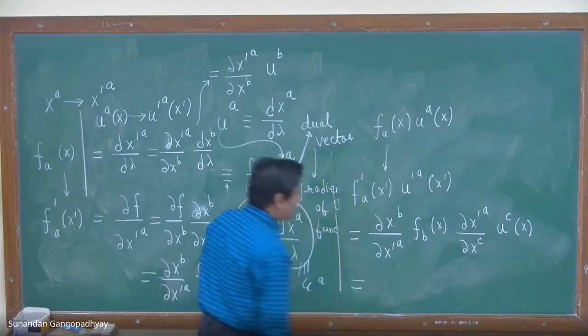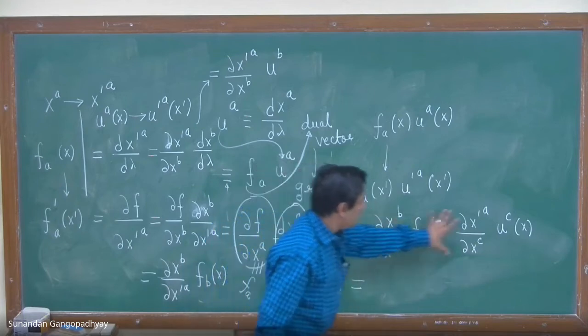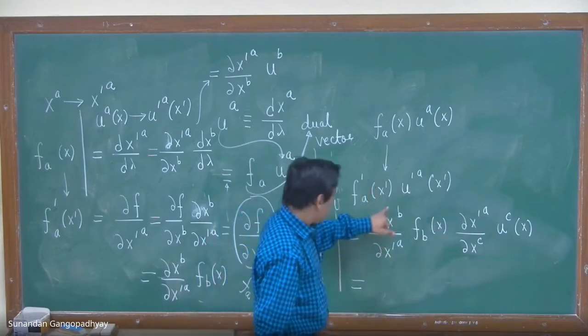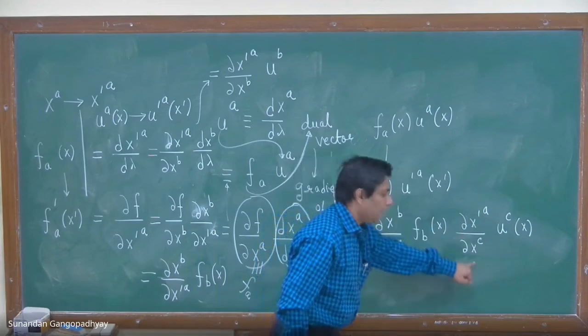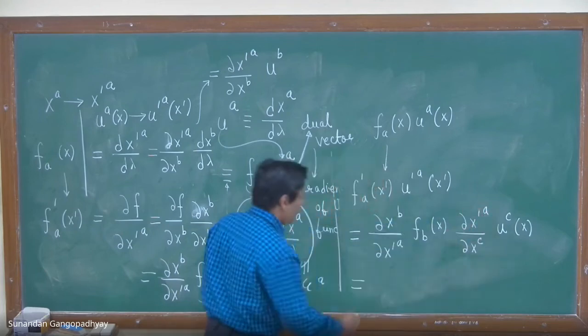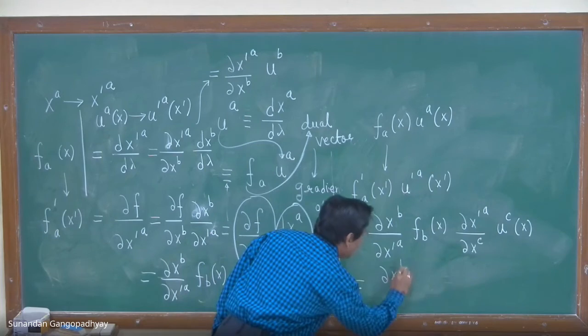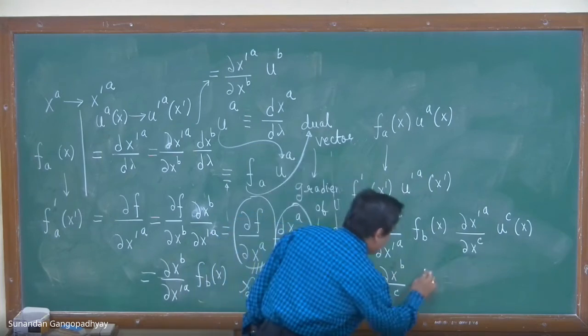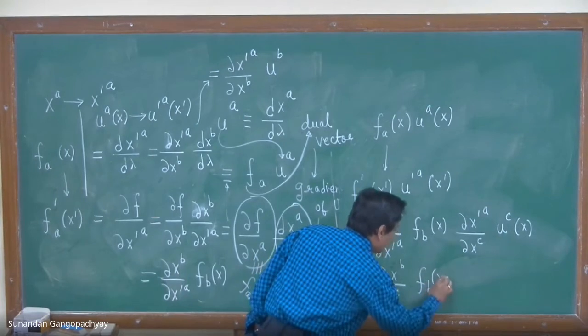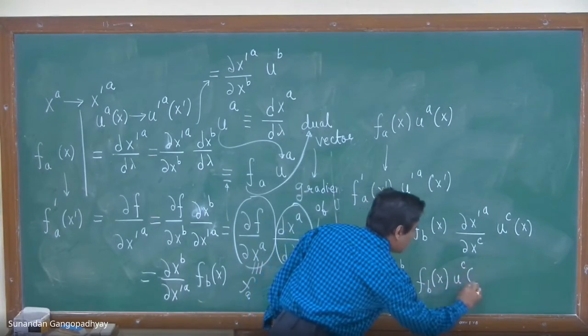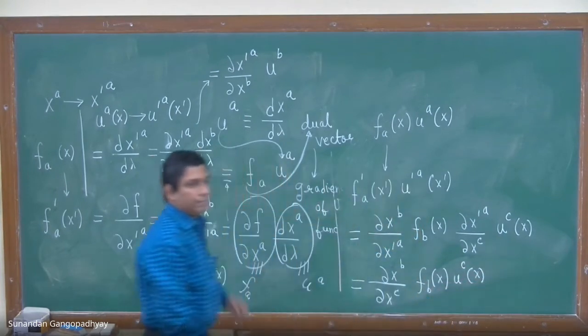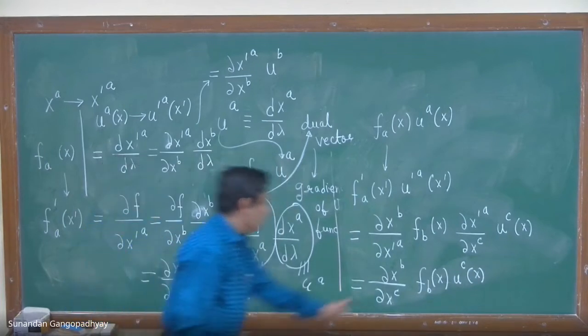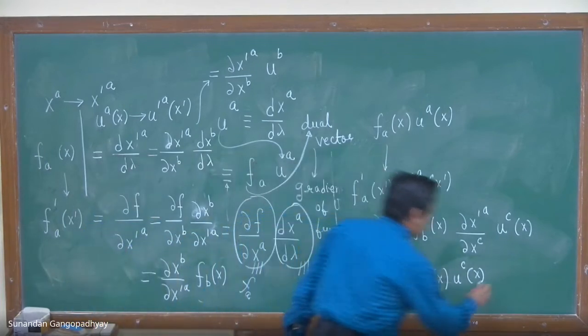Now you can see, just look at this factor and this factor. Del xb, del x prime a, del x prime a, del xc. Chain rule. If you apply chain rule, this will be del xb, del xc. Then you will have fb x uc x. This is nothing but delta bc.